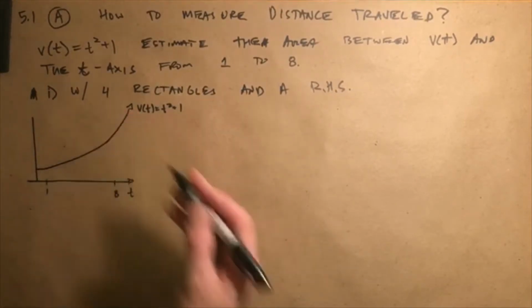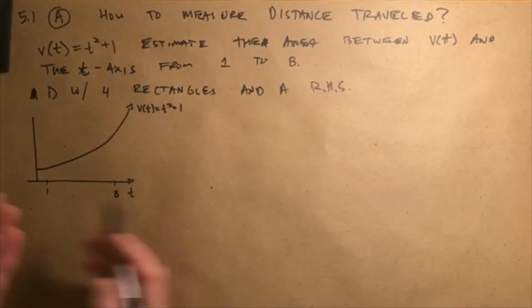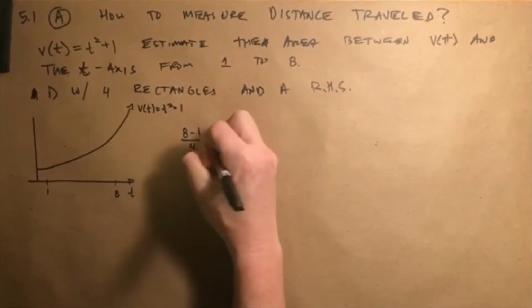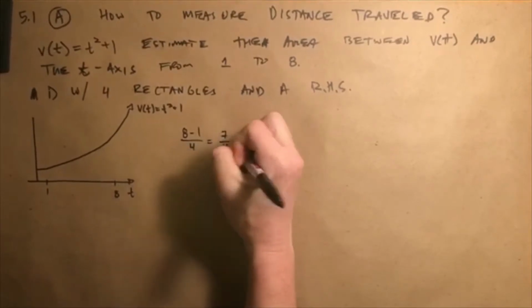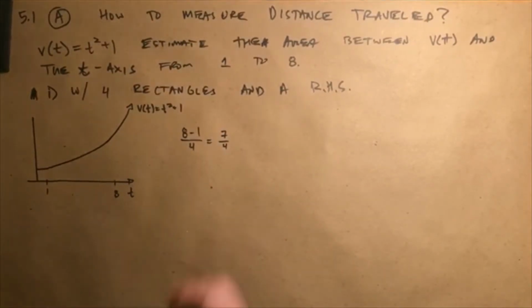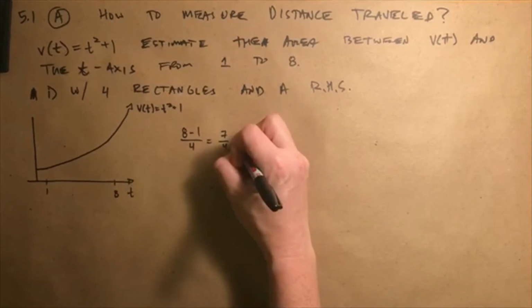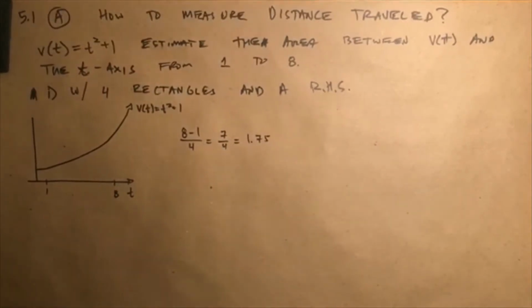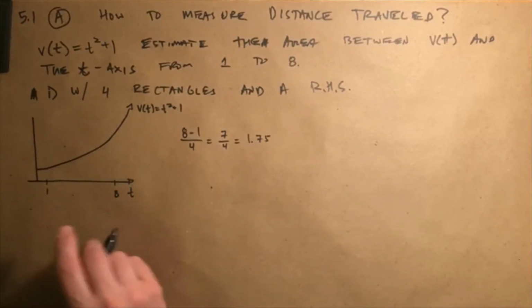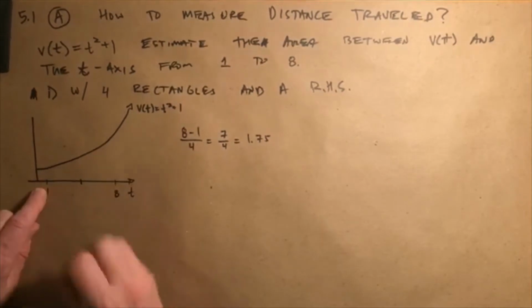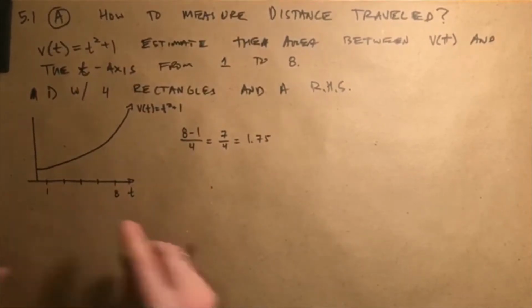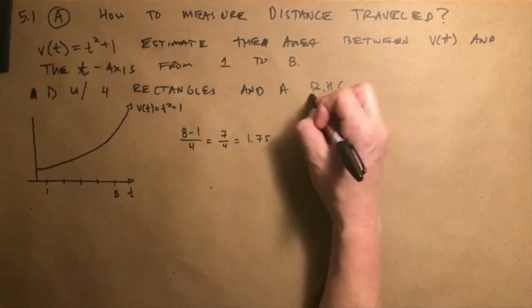So if I want 4 rectangles, first, the rule is we have to figure out what the width of our rectangle is, and that'll be 8 minus 1 over 4, so 7/4. And I picked something ugly intentionally. This is going to be equal to 1.75. Fine? So, if I was going to do a right-hand sum, I'm going to split this thing up into 4. So here's 2, and there's my 5 divisions for 4 rectangles. And I wanted a right-hand sum.